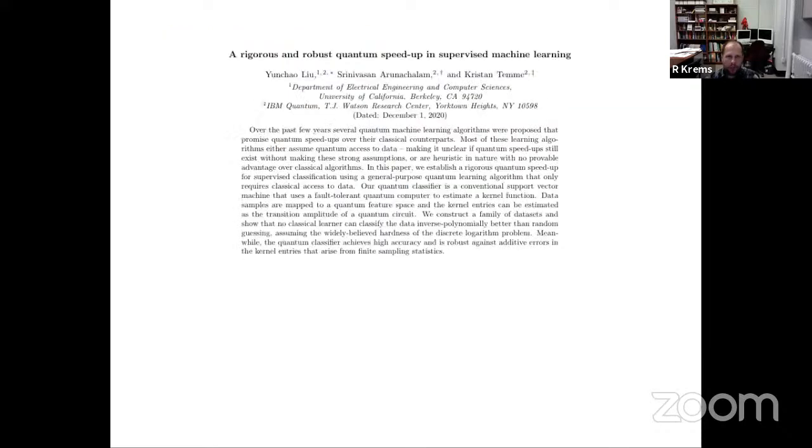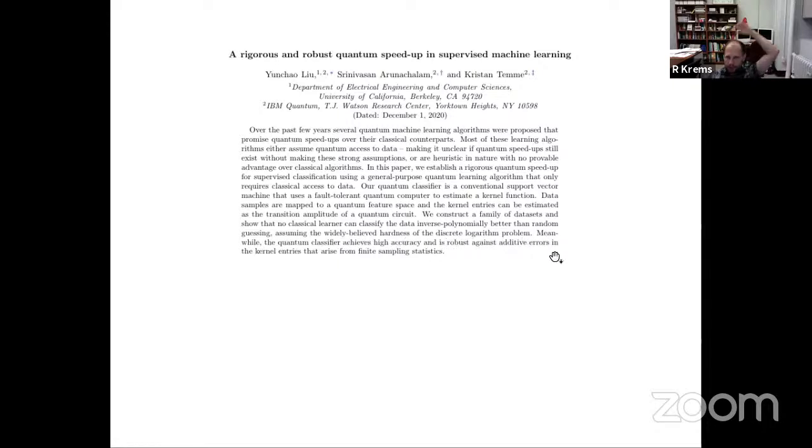Now, there are a lot of papers in the literature that attempt to come up with data sets that would illustrate a quantum advantage of kernels, like, for example, this one that was published earlier last year, in which they say that they construct a family of data sets and show that no classical learner can classify the data inverse polynomially better than random guessing, assuming the widely believed hardness of the discrete logarithm problem.